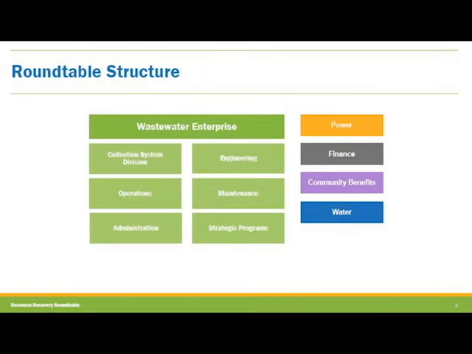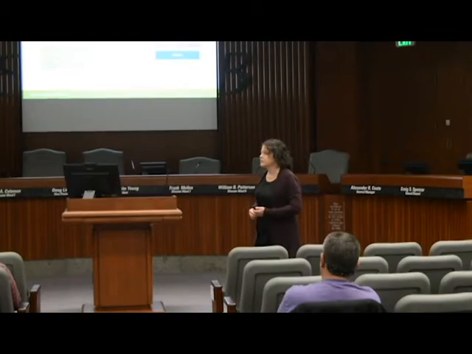So our power enterprise, our finance bureau, community benefits, making sure that we consider the societal impacts and benefits of the research that we choose to move forward with and what we're attempting to accomplish.